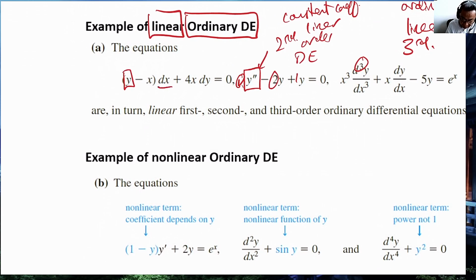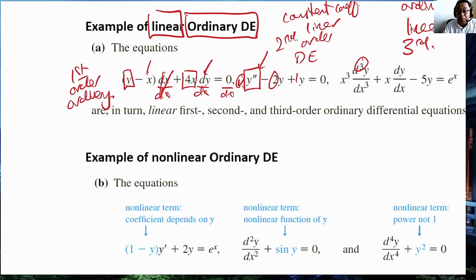So if everything is divided by dx, then you will see that this is an expression for x multiplied by dy/dx. We have y here and we have x only, so in this particular case this is a first order ordinary linear differential equation.